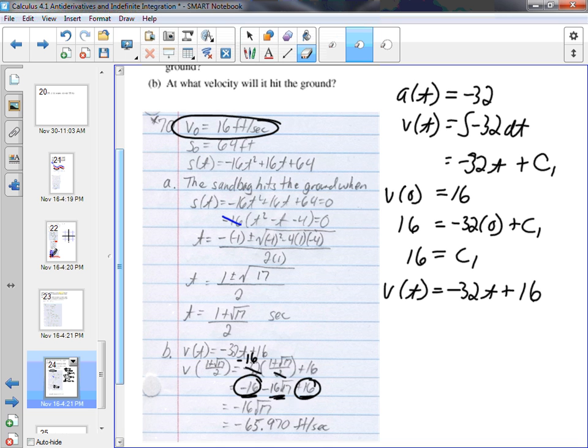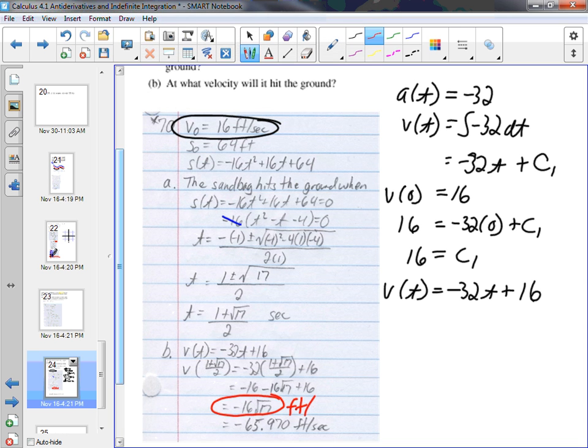So I can get a pretty decent exact answer right here, can't I? The velocity per second. And if you want to turn it into a decimal, you can right there. But I'm good with that. One thing though, why is the velocity negative? Oh yeah, it's going down. Velocity has direction, doesn't it?